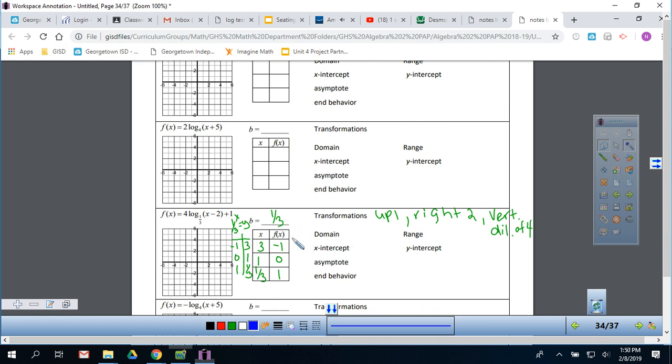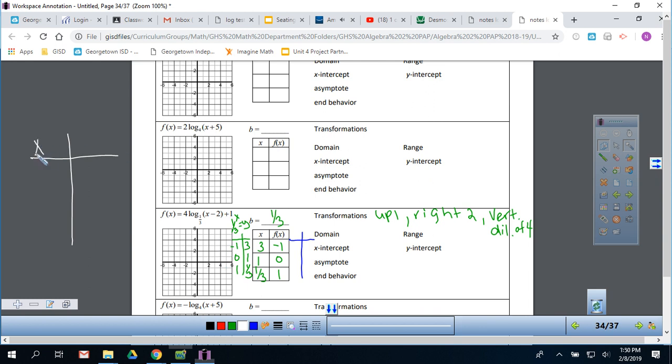Alright, now this is the tricky part. We are going to apply our transformation, and I am going to do my table over here for space reasons. We are moving right 2. So our x's are going to move to the right, so we're going to add 2.